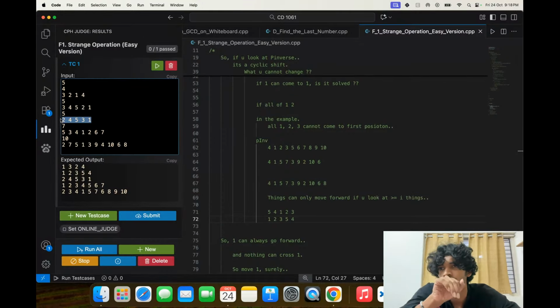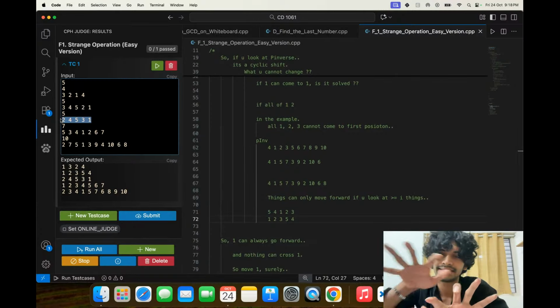Things can only move forward given that these things are going to come here. Okay, how forward can this one move is our question, right? These things are coming here.